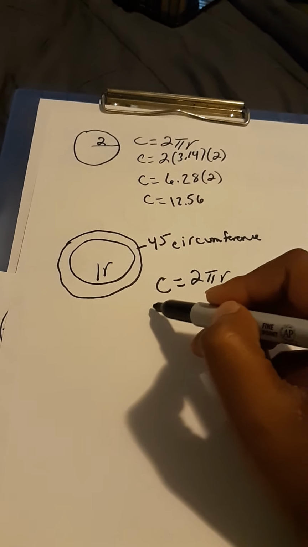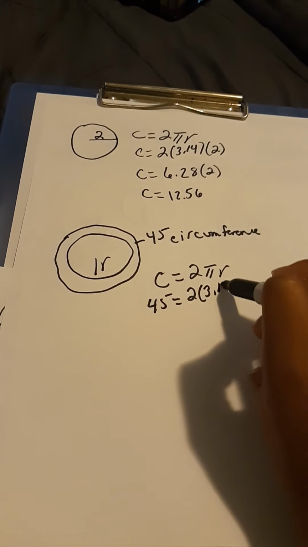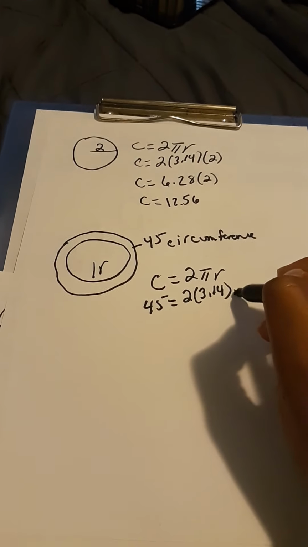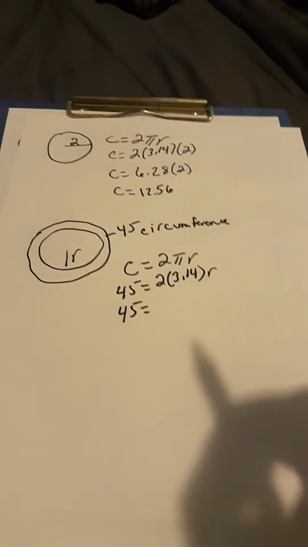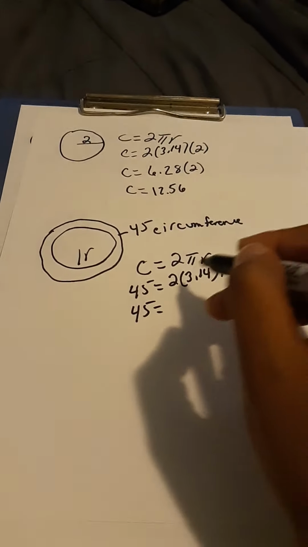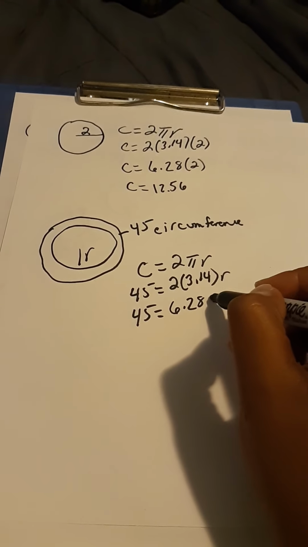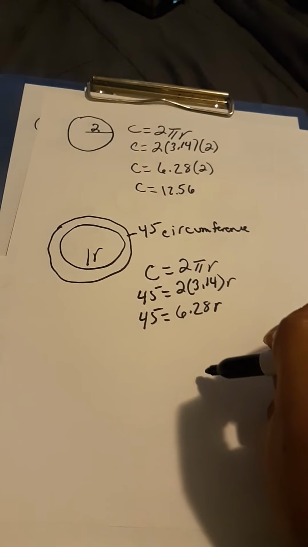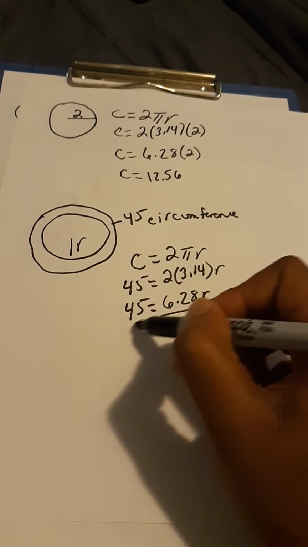I know the circumference is 45. I know that pi is equal to 3.14, and I am looking for my radius. So I'm going to bring down my 45. I multiply 2 times 3.14, which gives me 6.28, and I keep the r because that's what I'm looking for. I'm going to divide both sides by 6.28.